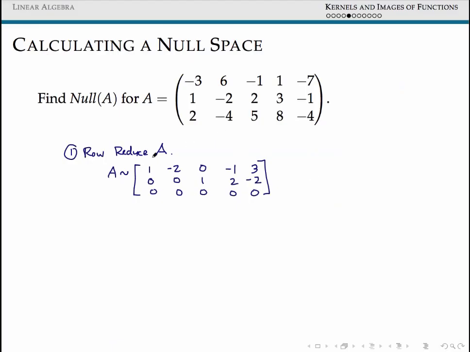As you can see, I've transferred our row reduced A into our slide. So looking at this, the way that we're going to calculate our kernel is we're just going to go through and look at all of our different free variables, which in this case are our second coordinate, our third, and our fourth coordinate.